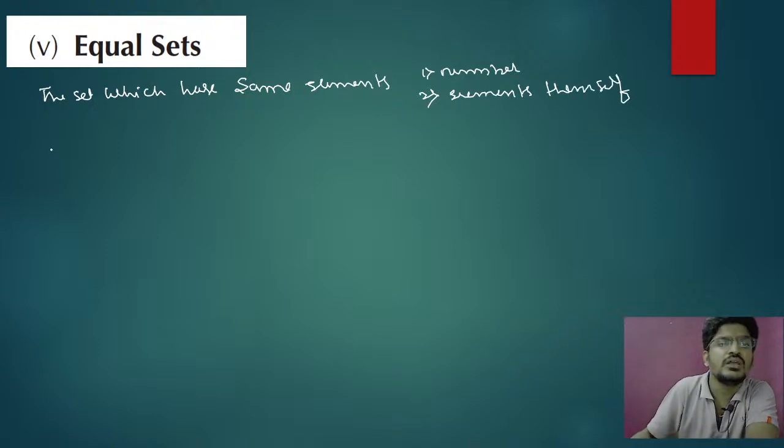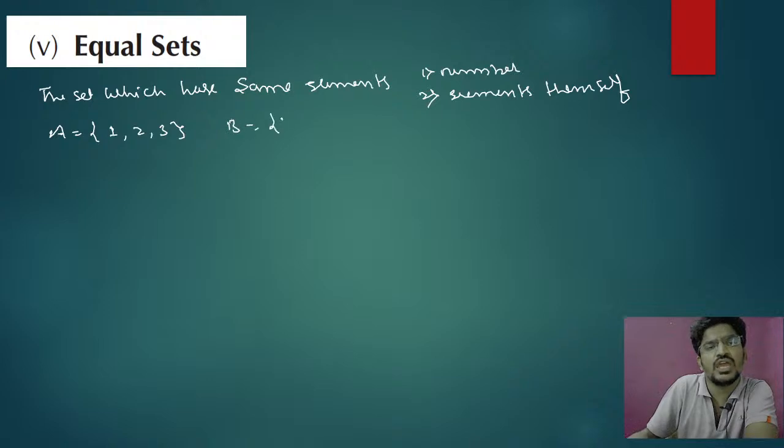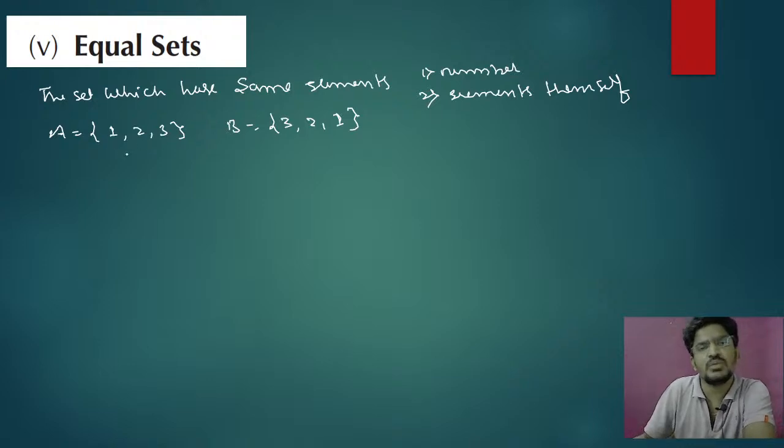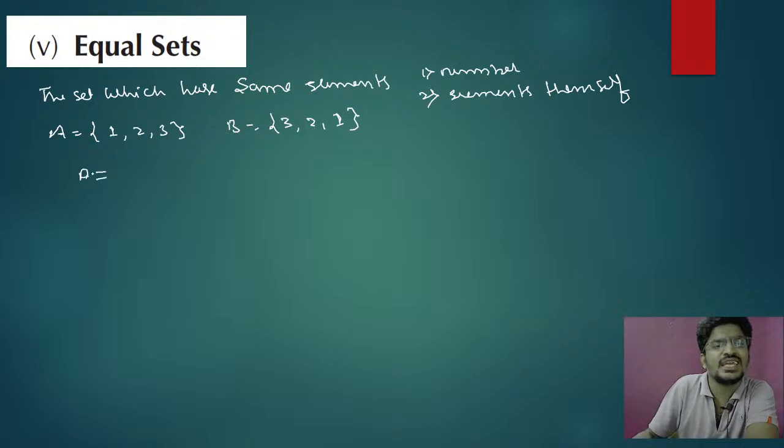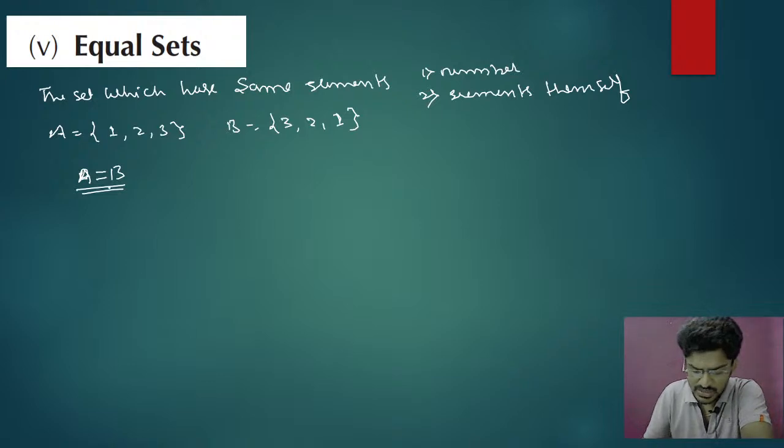For example, you can take set A equal to {1, 2, 3} and set B equal to {3, 2, 1}. So see here, the elements are the same, the number of elements is the same. Therefore, here set A equal to set B.